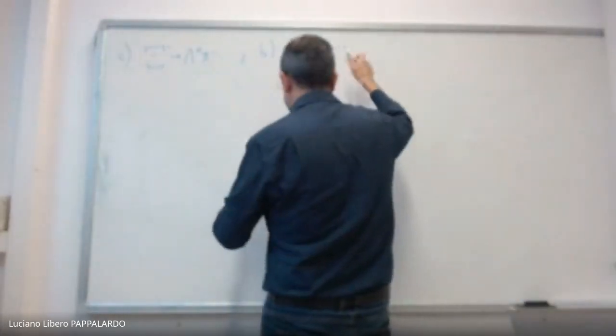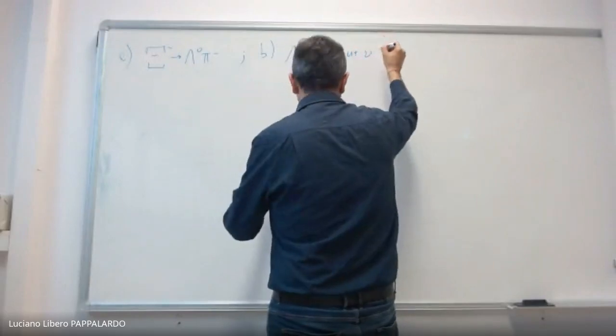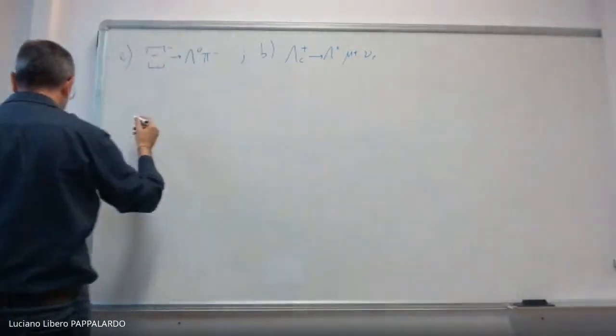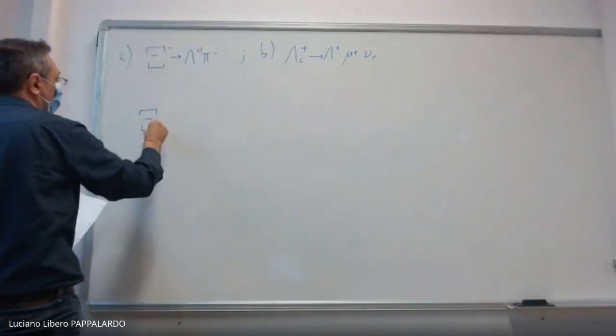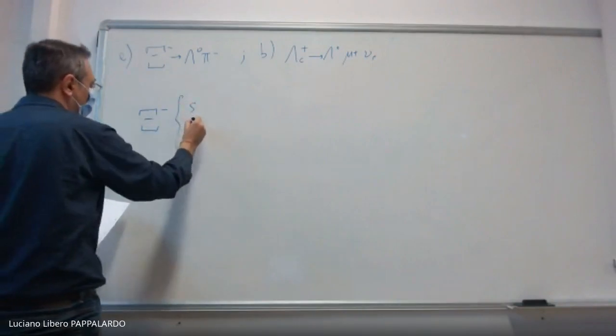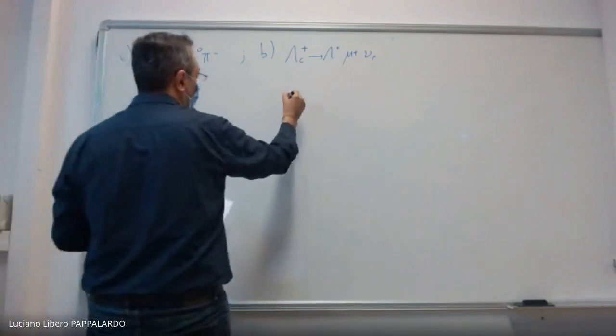So Lambda zero, and then we have pi minus and neutrino. So let's start drawing the first diagram. If you remember, the Xi_c is a doubly strange baryon with an s s d content. The Lambda is a u d s.